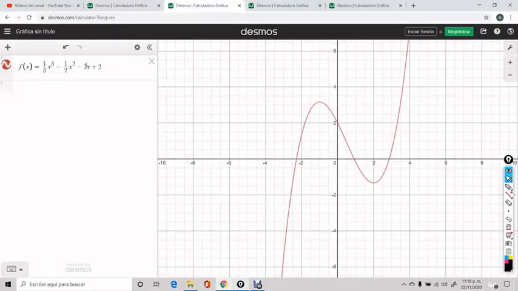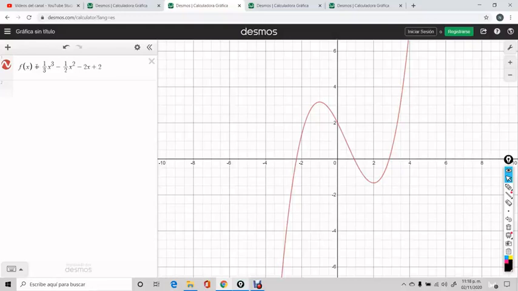I want you to write down this function, please, because we're going to do it without making any reference to the graph. We're going to do it on the blackboard. So I'm also writing it down. And try not to look at the graph so that you're not biased.